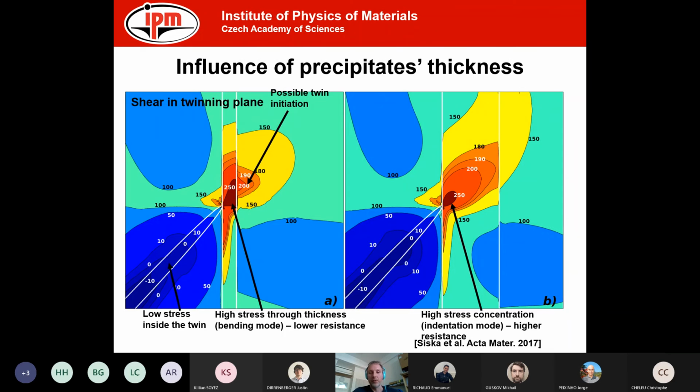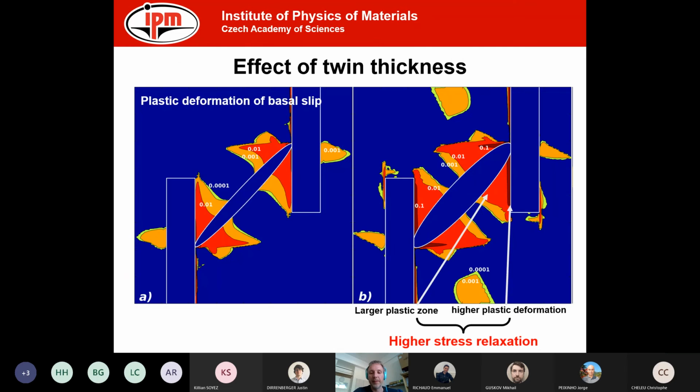So that's the main effect of the precipitate thickness, and the other phenomenon was the overall stress leveling that is related to the plasticity around the twin.